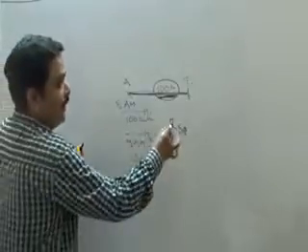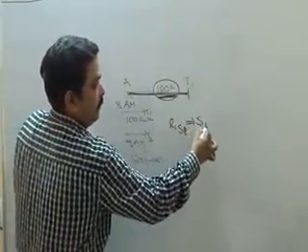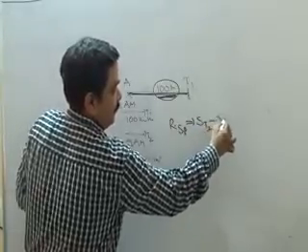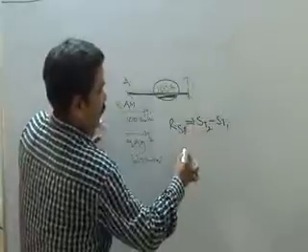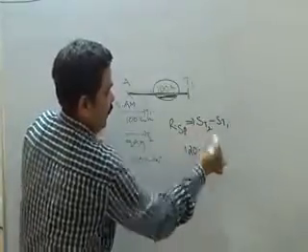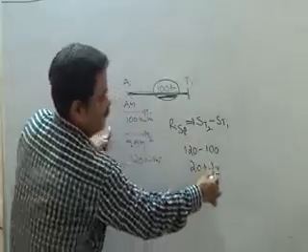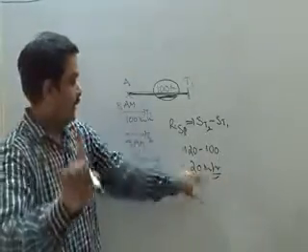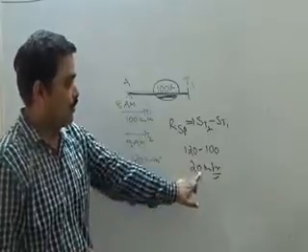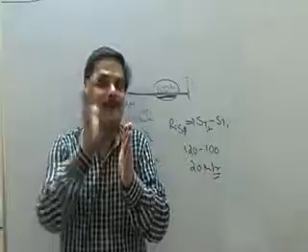Relative speed in this case is the speed of train 2 minus the speed of train 1. Here, the speed of train 2 is 120 and the speed of train 1 is 100, which means the relative speed is 20 kilometers per hour. What do we mean by 20 kilometers per hour? In 1 hour, train 2 is going to gain 20 kilometers over train 1.